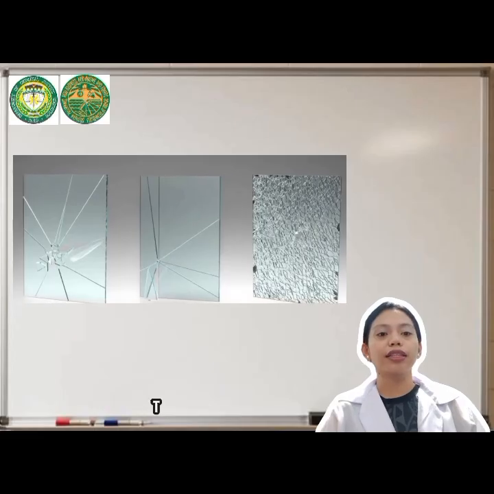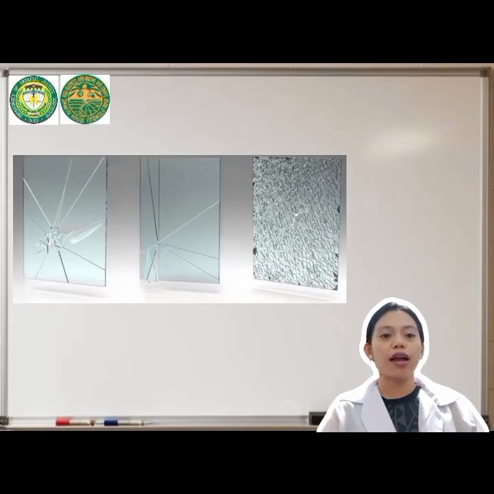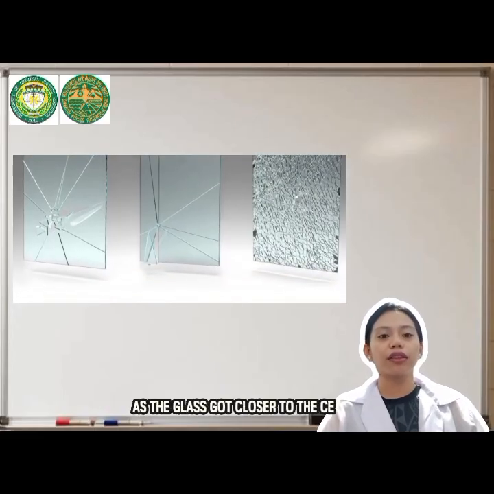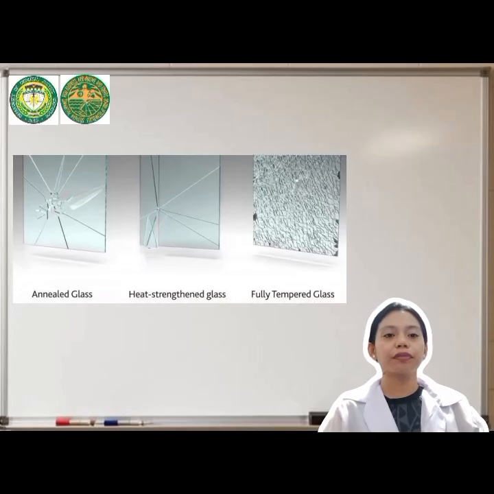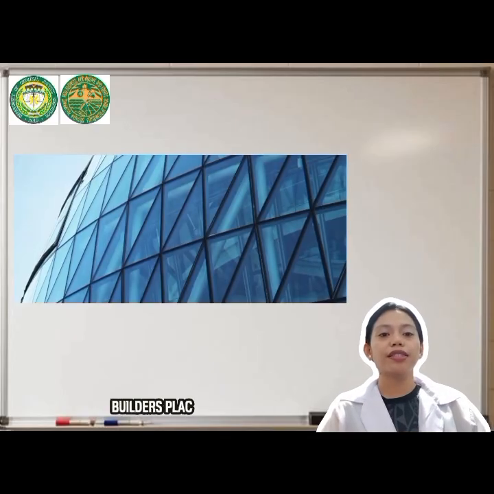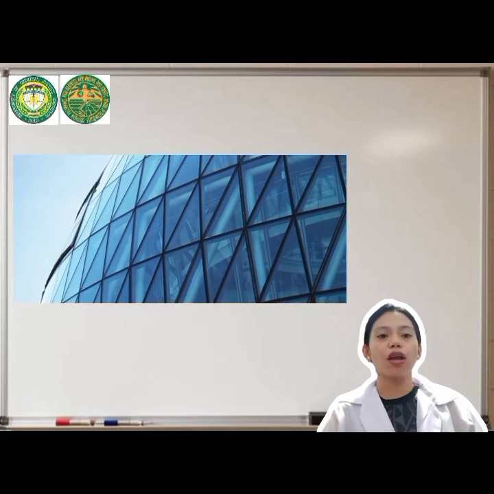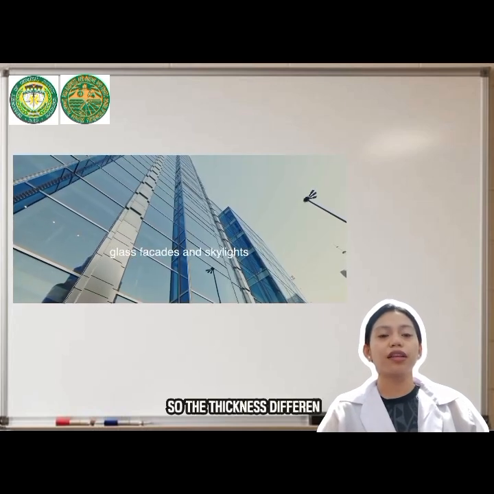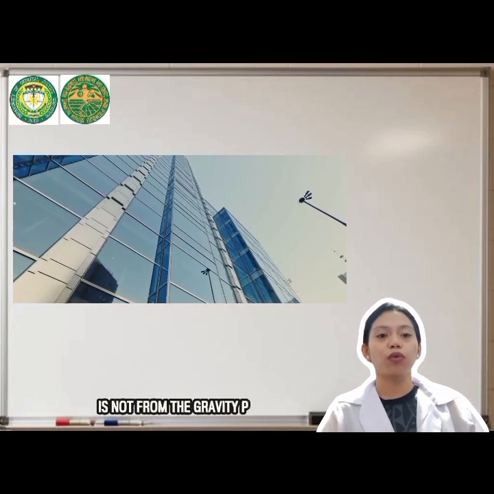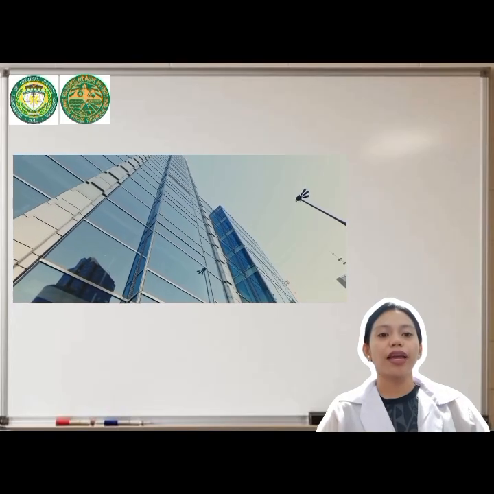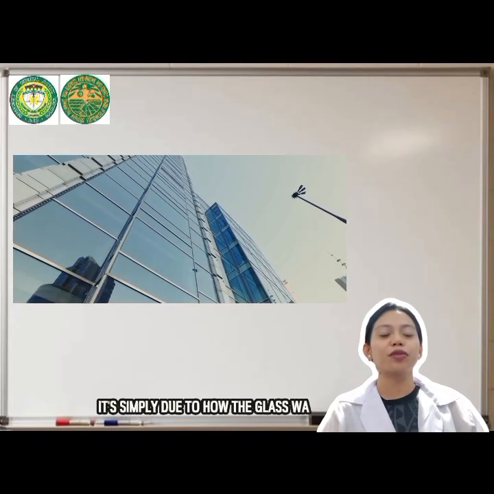After cooling, the glass was cut into squares. As the glass got closer to the center, it became thicker. Builders placed the thicker end at the bottom to make the window more stable. So the thickness difference is not from gravity pulling the glass down. It's simply due to how the glass was made.